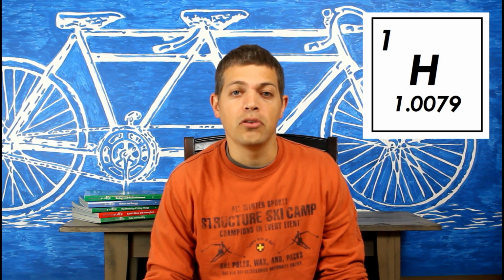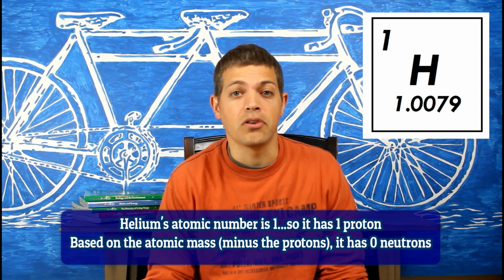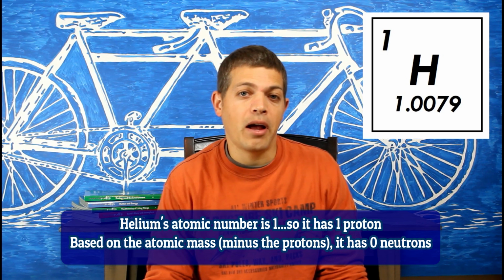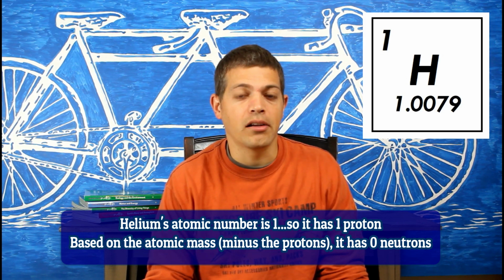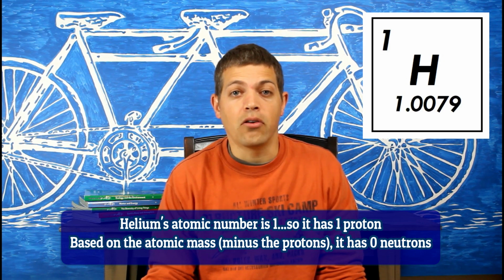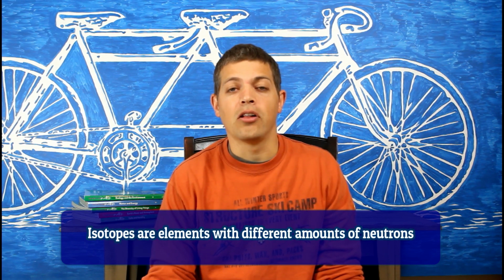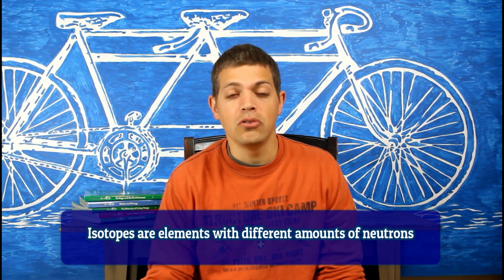If you remember, the protons and neutrons make up the nucleus. So hydrogen has 1 proton, and the atomic mass is 1.0079, so more often than not, if we round, there are 0 neutrons. If it did have a neutron, we call that an isotope. Isotopes are elements with different amounts of neutrons.